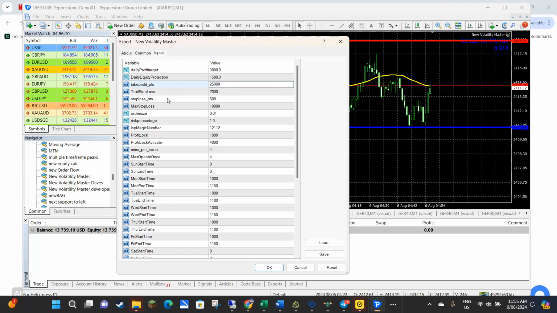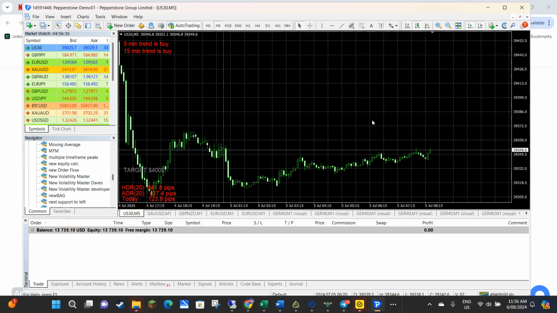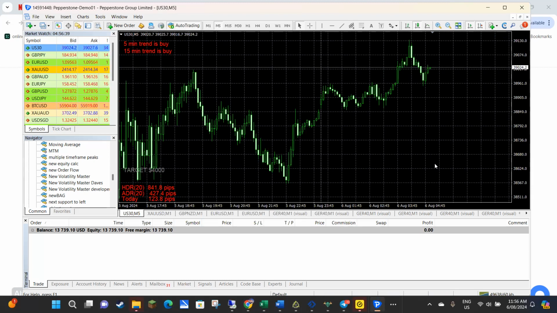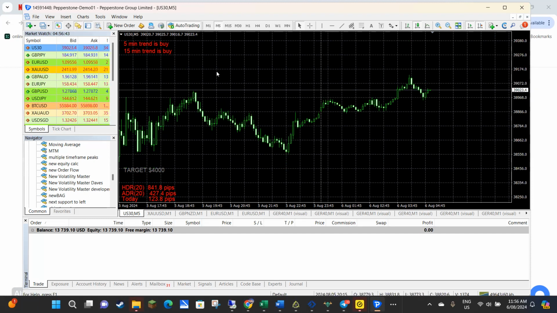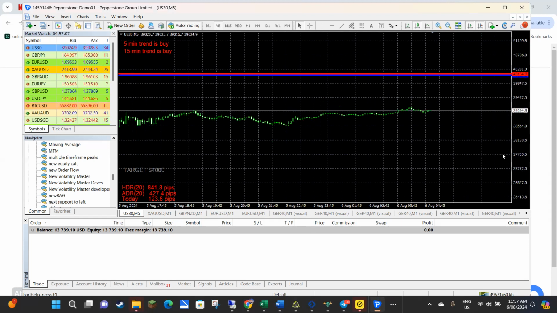But for example, a take profit of 25,000, if I bring up a US 30 chart and I've got it on the 1 minute time frame, but even if I put it up to the 5 minute time frame and I measure how far 25,000 pips is, I measure from here and go down 25,000 pips, that there is 2,500 pips. 25,000 pips is going to be a long, long way.